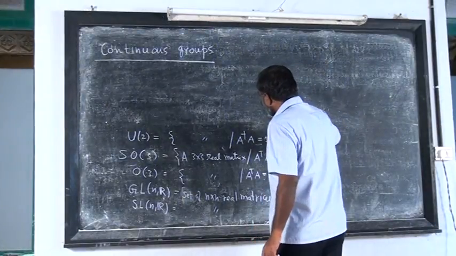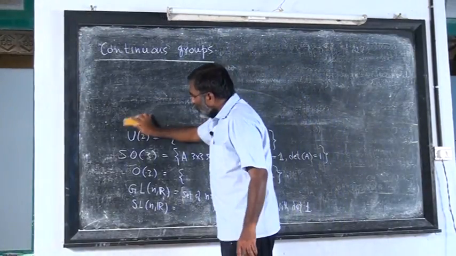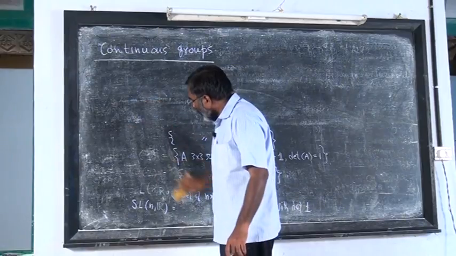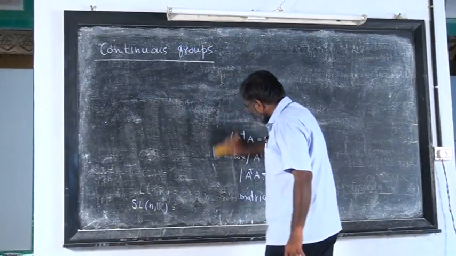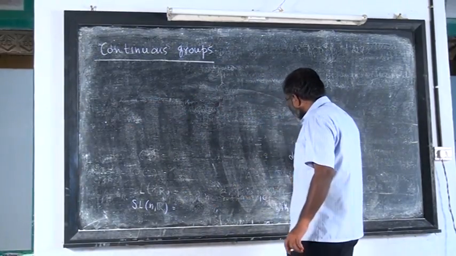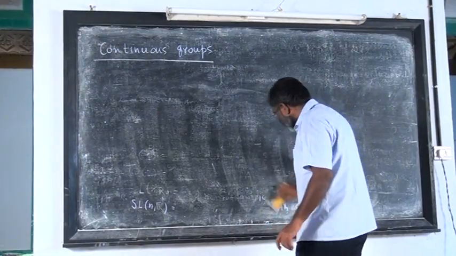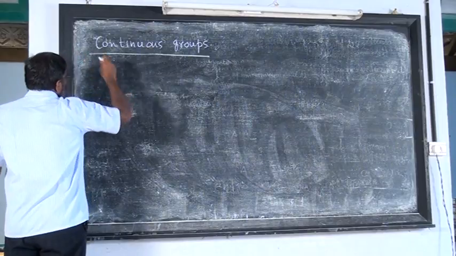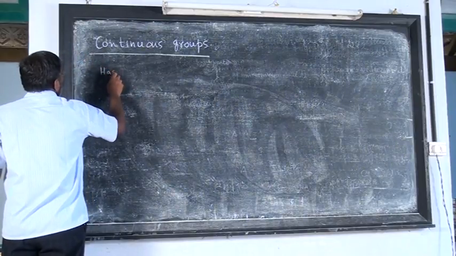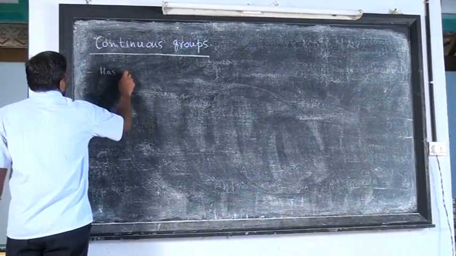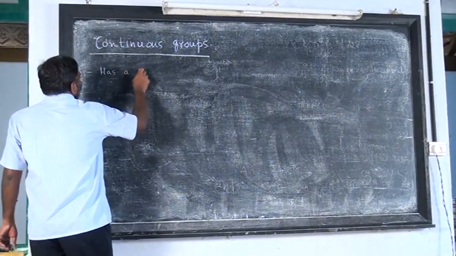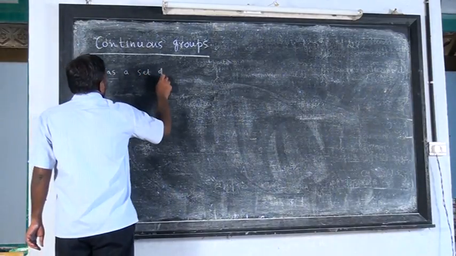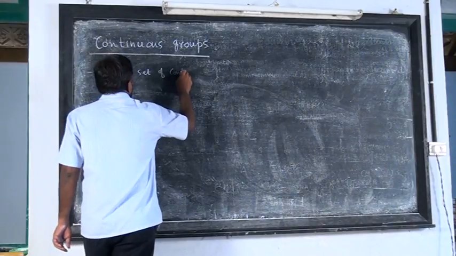In every group there is a set of parameters whose variation will define different elements of the group. So a continuous group has a set of continuously varying parameters.